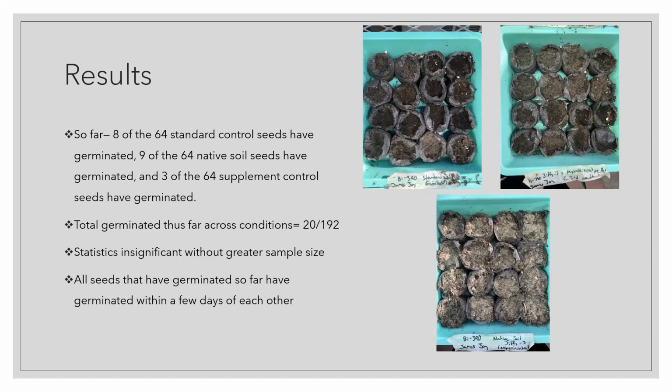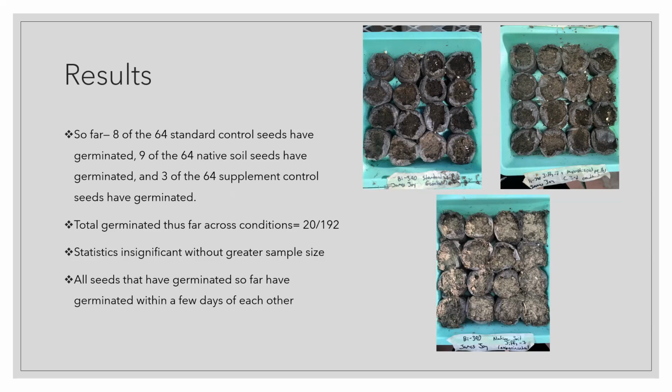The total germinated across the conditions on, I think it was the 9th of December, was 20 out of the 192. So the statistics we did were pretty off, or just based on what we had.